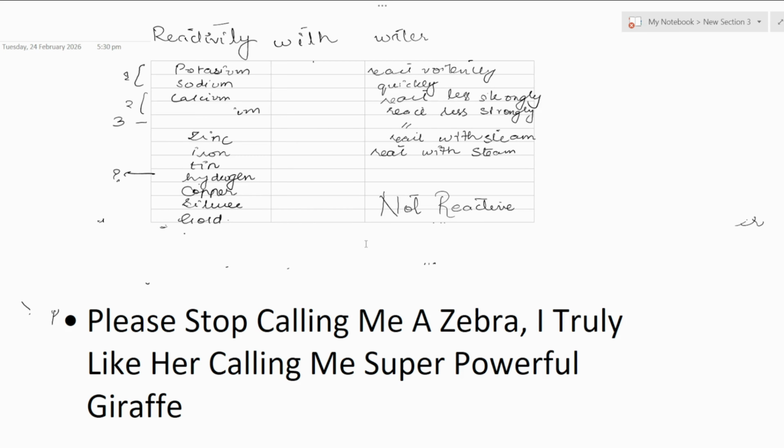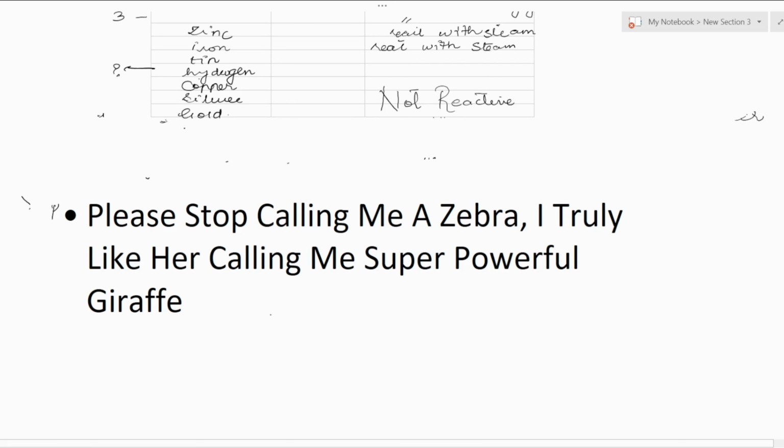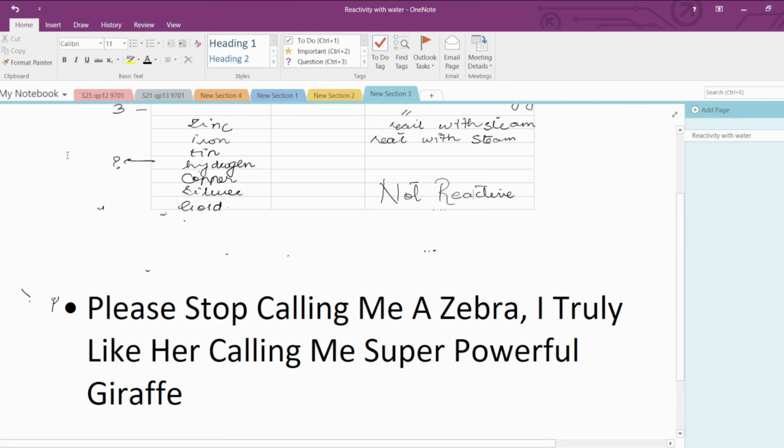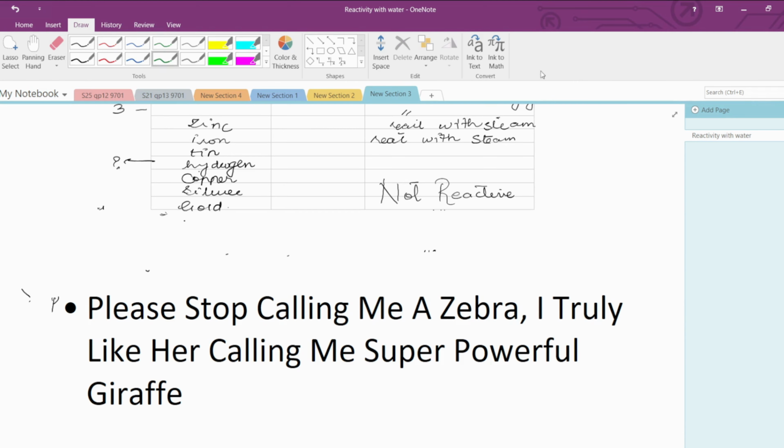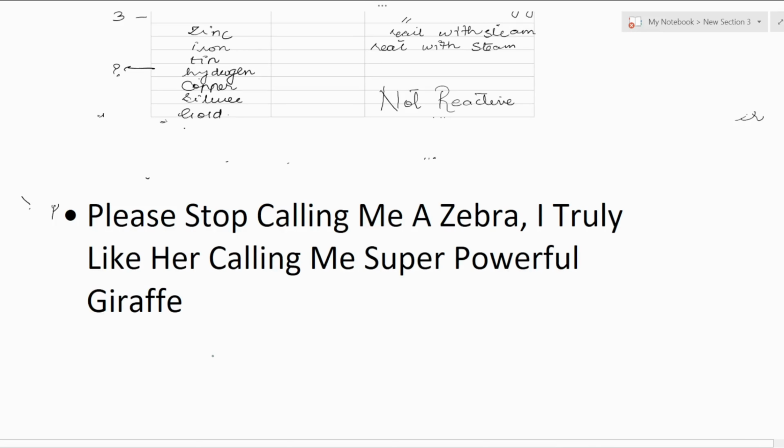The next thing: we have learned already how they react, so let's rewrite the equation for potassium, calcium, aluminum, or zinc. Let's go to the reaction with water.